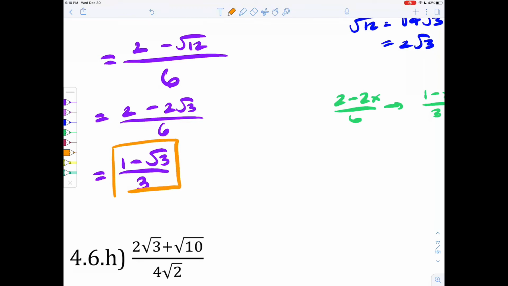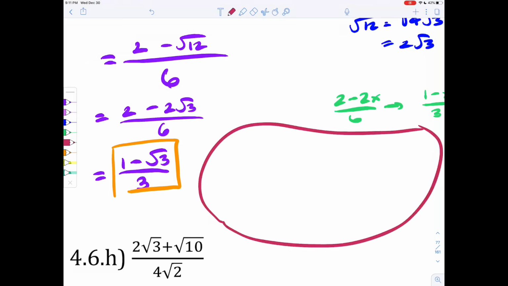I want to write a side example, not including what Mr. A just did, on the side here. So, for example, if he had, rather than 2 minus 2 root 3 over 6, 3 minus 2 root 3 over 6, he would not be able to simplify this further.